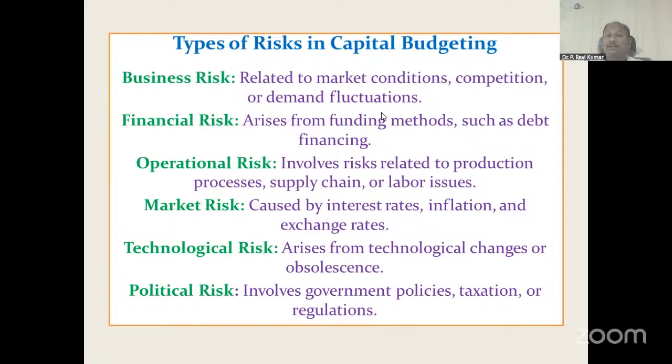Every company has a business risk about their competitors. If they are going to produce a particular product, they have to understand the demand conditions and market fluctuations, and look at the capital market conditions.